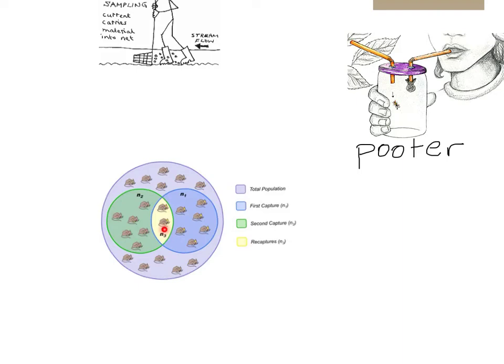That formula says the population would be equal to n1, which is the amount of mice that we've captured first of all, times the number of animals captured in the second visit, n2, and divide that by the number of animals that were marked on the second visit, which in this diagram is n3, so these animals there. That will give us an estimate of the population.